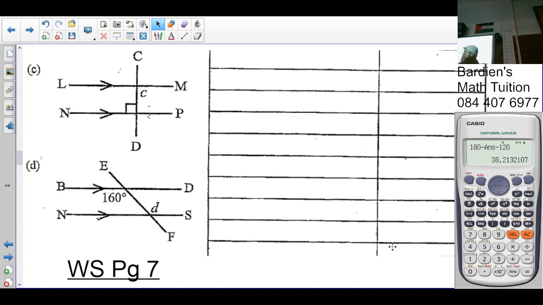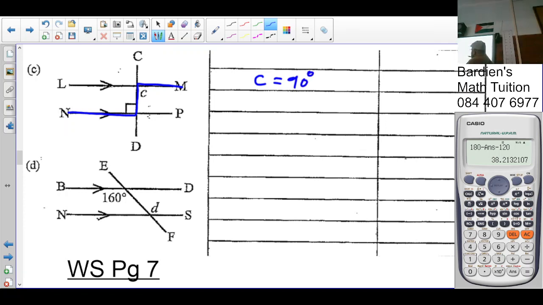Alright. So C. What's C equal to? 90 degrees. Can you see that, people? So C is equal to 90 degrees.